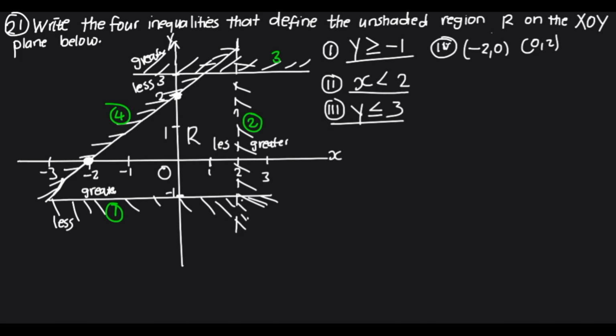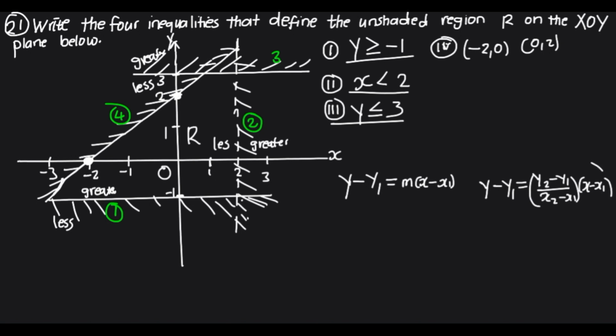After finding the coordinates, we know that we are solving for the equation of a straight line. The formula is y minus y1 is equal to gradient, open brackets, x minus x1. Or if you want, you can use the same, but instead of the gradient symbol, you use y2 minus y1 over x2 minus x1.